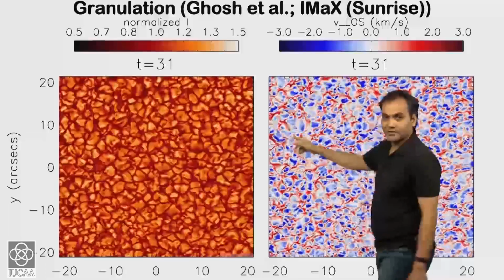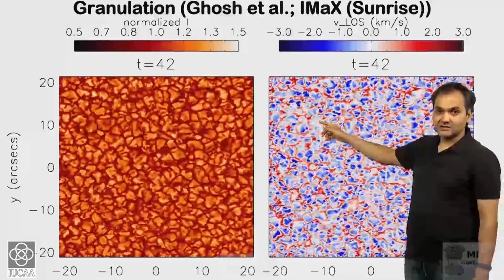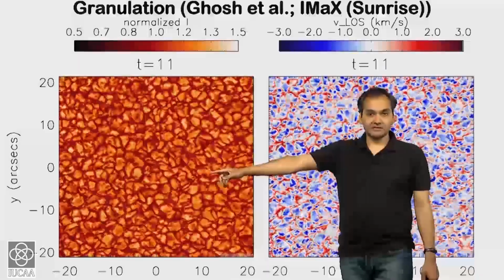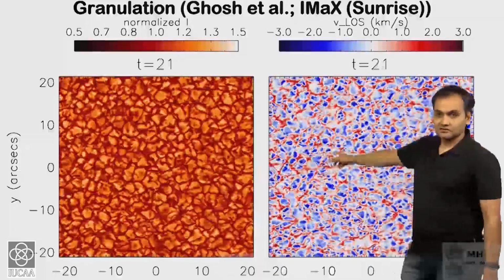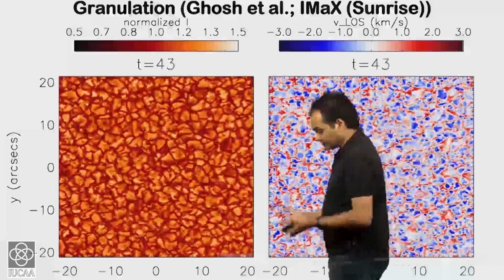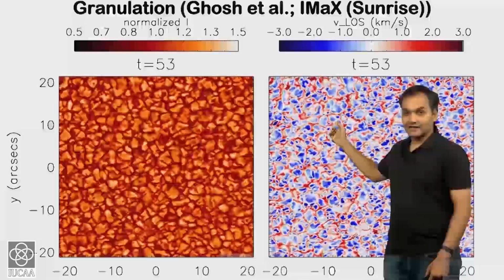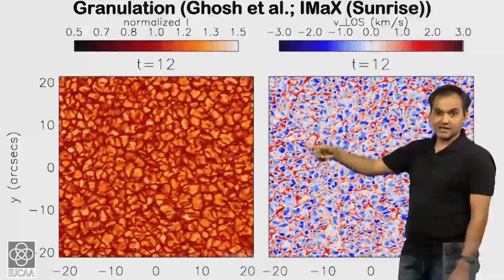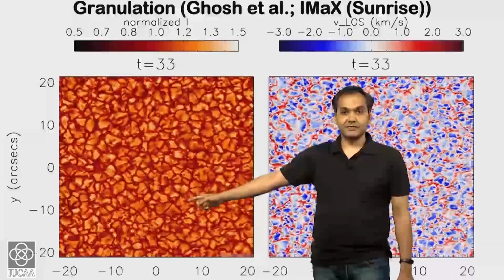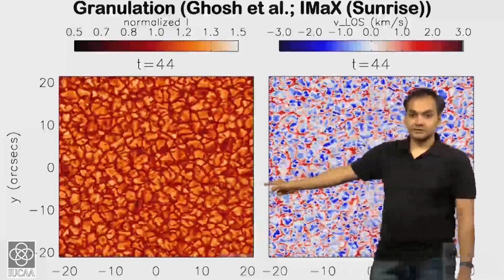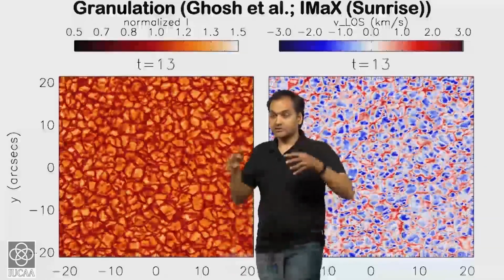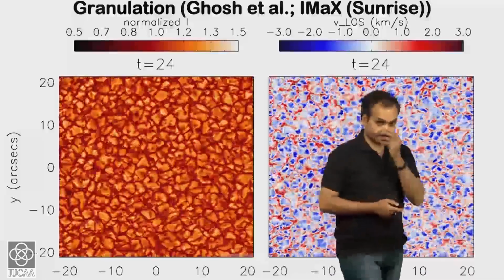If you do Doppler imaging, wherever it is bright in this image, that is the location which shows blue shift, and blue shift means the plasma is coming up, and what you see in red outlines the dark region in this intensity animation. That proves that the plasma comes up as a blob, cools down and sinks in.